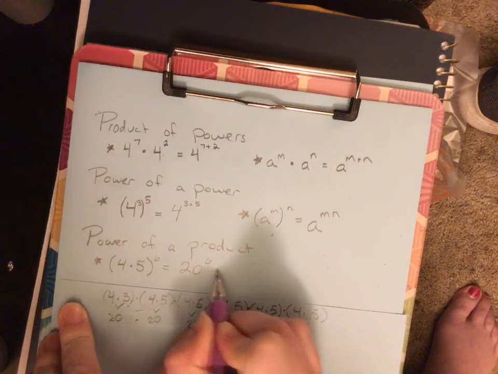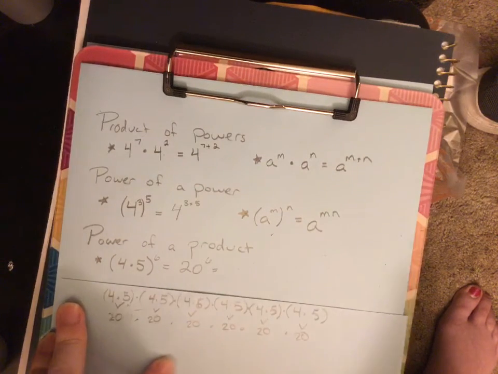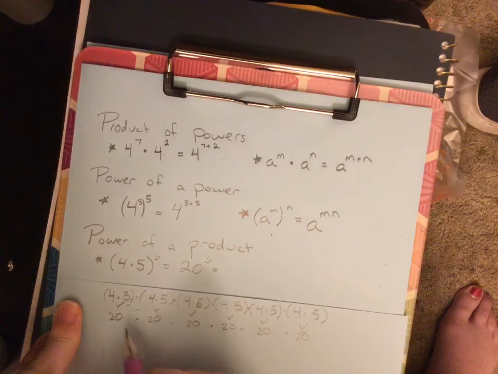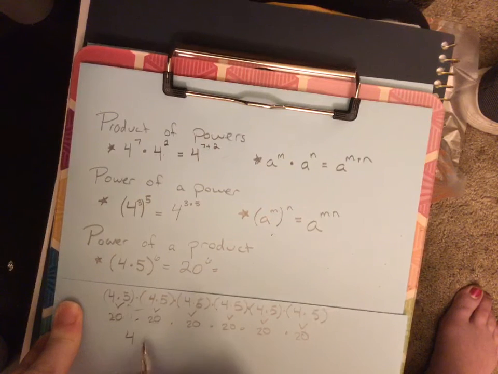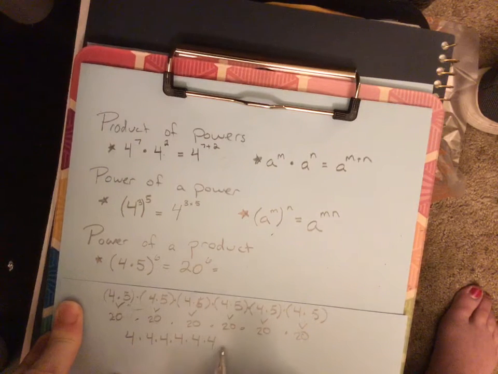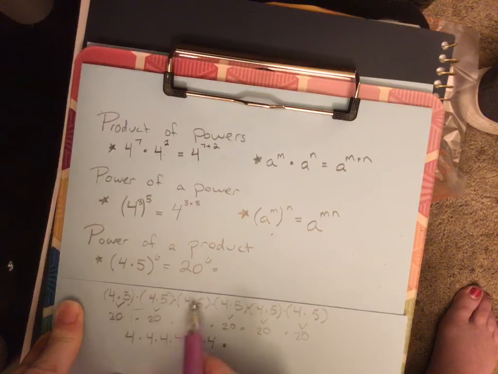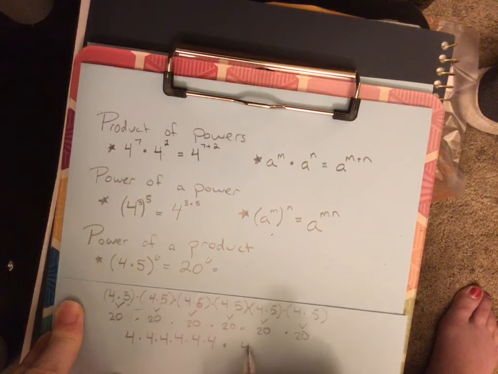The other way this could have worked out is we could have split this up into, okay, I see 1, 2, 3, 4, 5, 6 4s, and I can group those all together times 1, 2, 3, 4, 5, 6 5s.